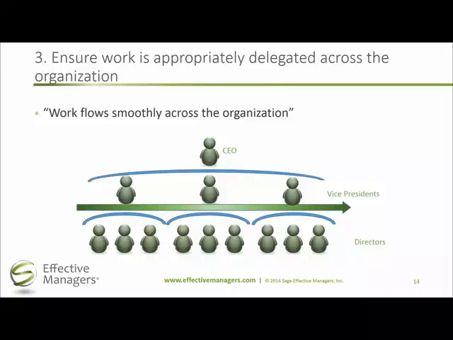So the third area is ensuring that there's an accountability and authority framework for how work flows across the organization. It's one thing to be clear about delegating work down the organization. It's an entirely other thing to be clear about how work flows across the organization.